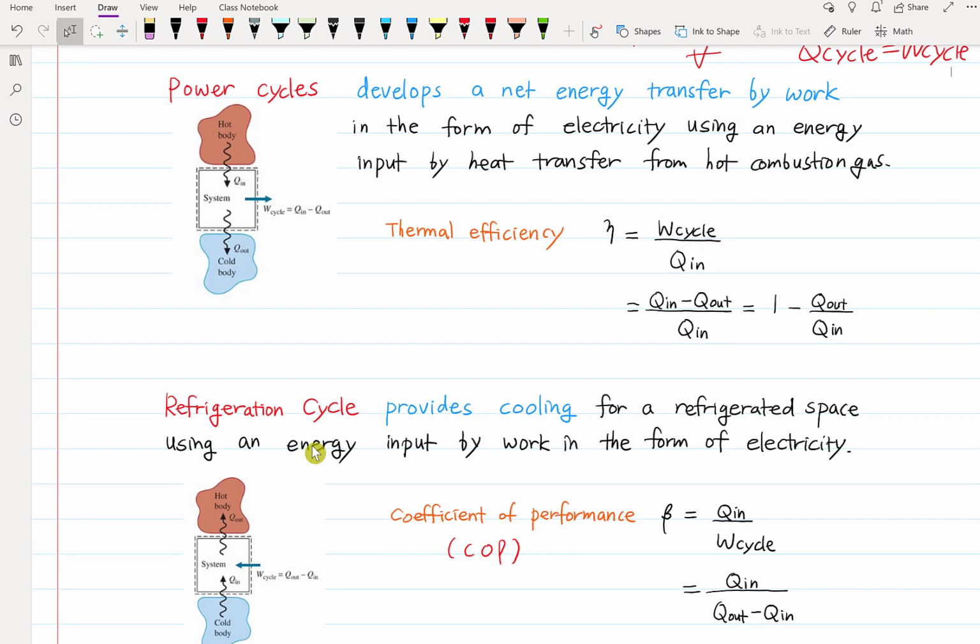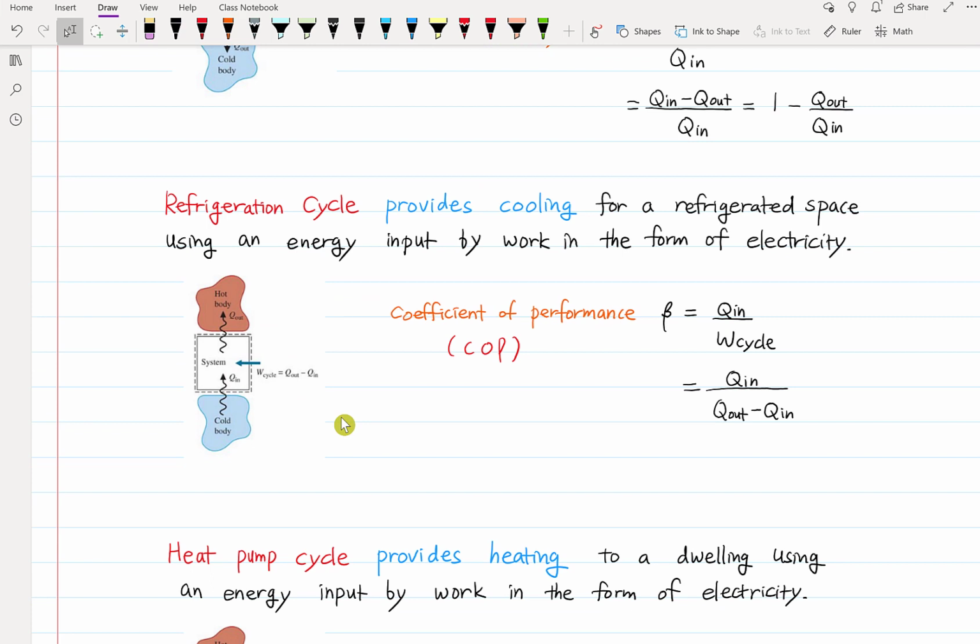And refrigeration cycles and heat pump cycles use work to transfer heat from a low temperature medium to a high temperature medium. They are essentially the same cycles, but they are used for different objectives.